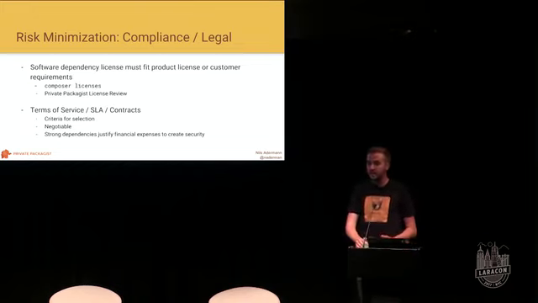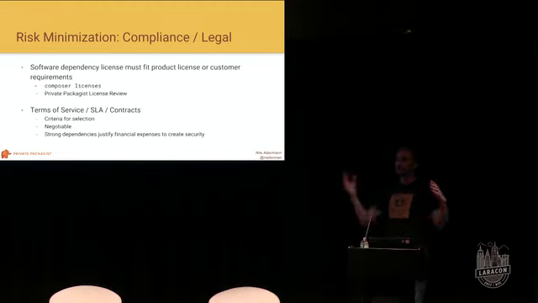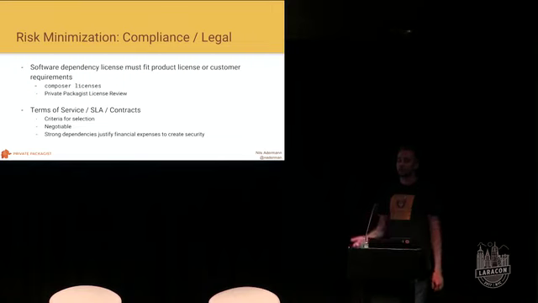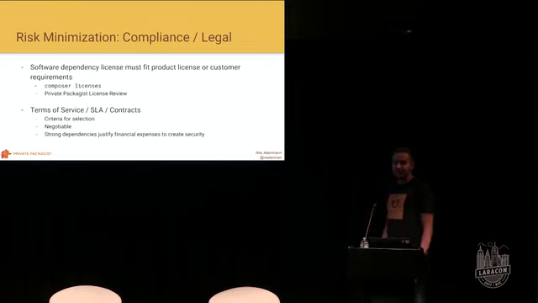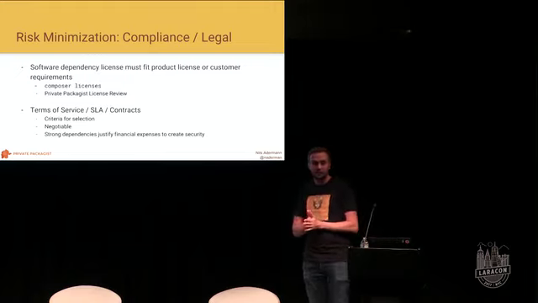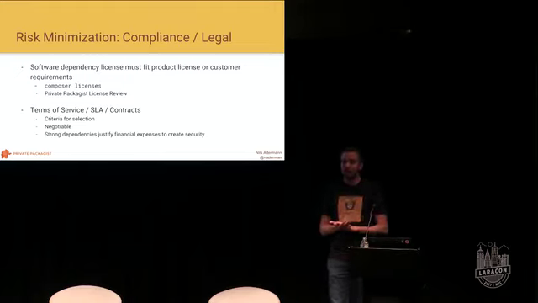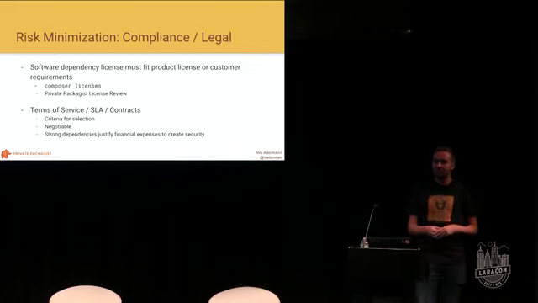If you're using private packages, it has a thing called license review that does very much the same thing, but across the entire organization, all the different projects that you have. And with terms of service, you can use this as a criteria for the selection. But I think more importantly, you should remember that those are often negotiable. Right?